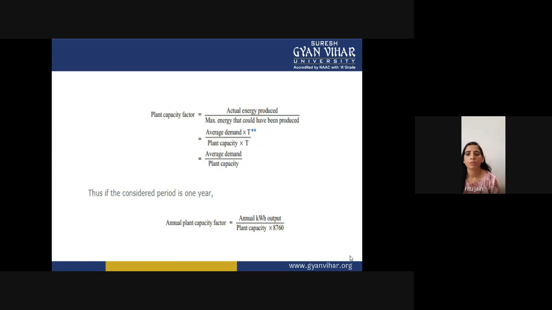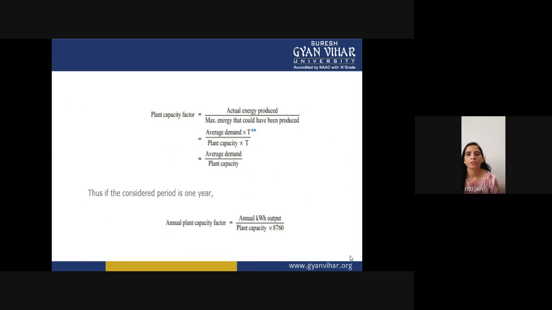Another formula for plant capacity factor is equal to average demand upon plant capacity. So if the considered period is 1 year, then annual plant capacity factor is equal to annual kilowatt hour output upon plant capacity into 8760, which is hours in a year.